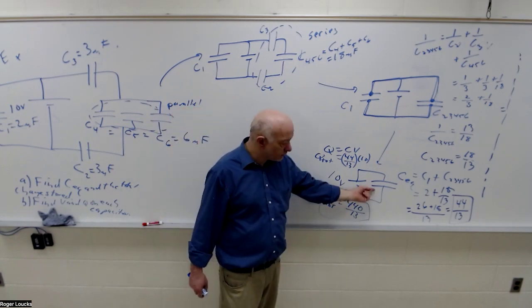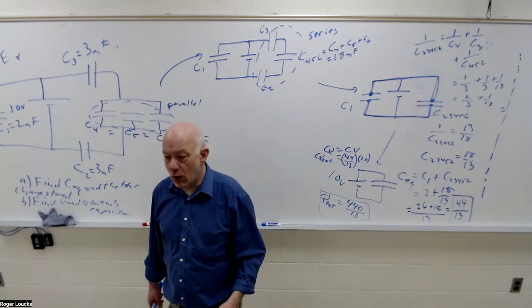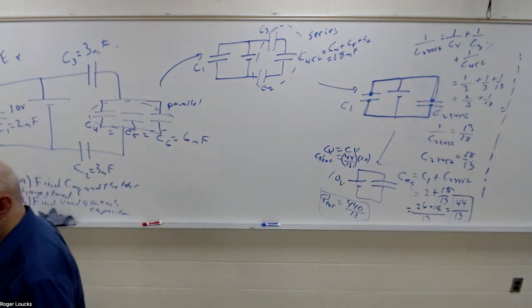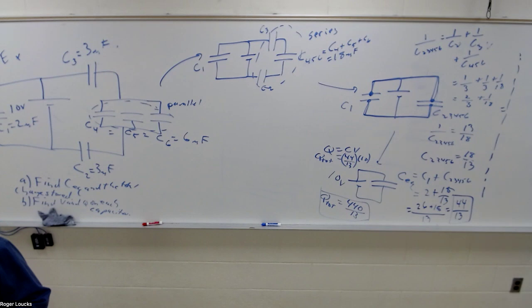So where did this fellow come from? That capacitor came from the what? Go one step back. That came from the parallel combination of C1 and C2,3,4,5,6. What's always the same in parallel?